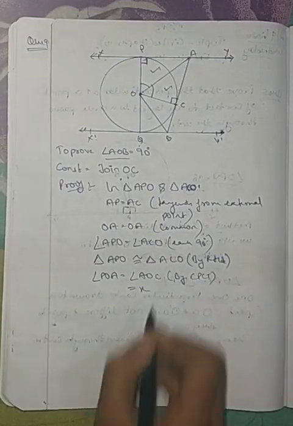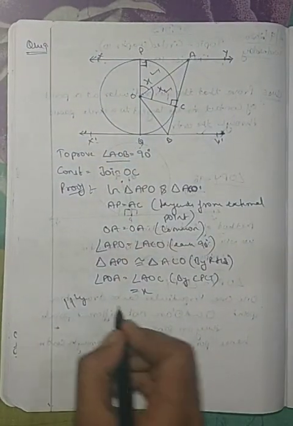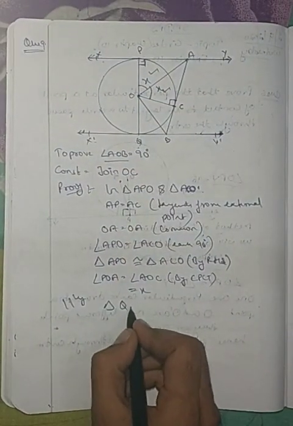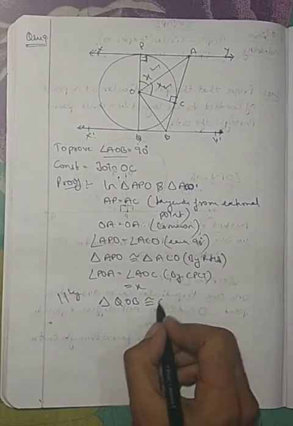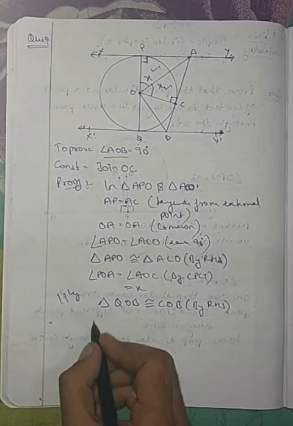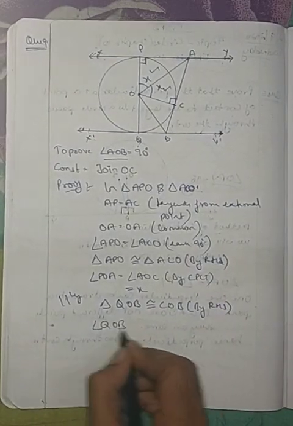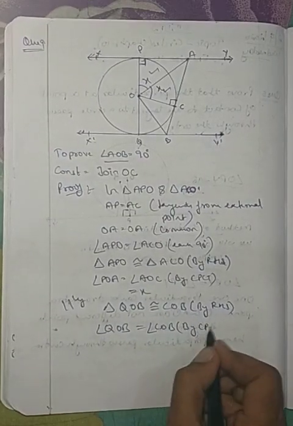Let these two angles be X. Similarly, triangle QOB is congruent to triangle COB by RHS. And similarly angle QOB is equal to angle COB by CPCT.